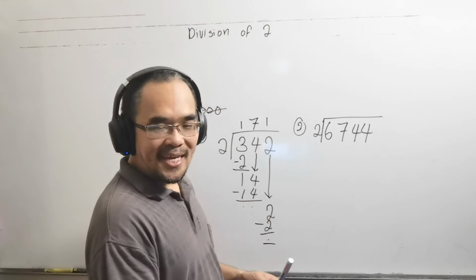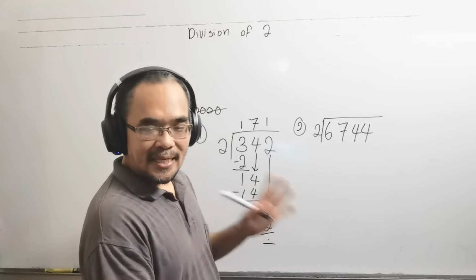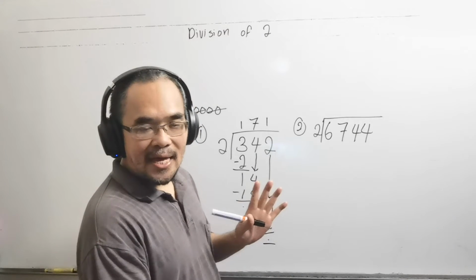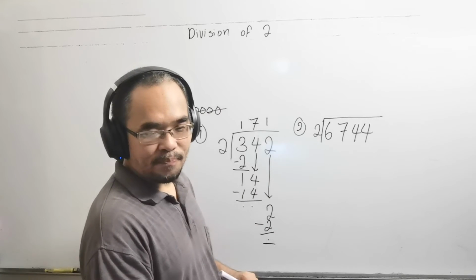After you memorize this, you pass multiplication of 2, division of 2. If you memorize all the other multiplication, then it will be easy for you.